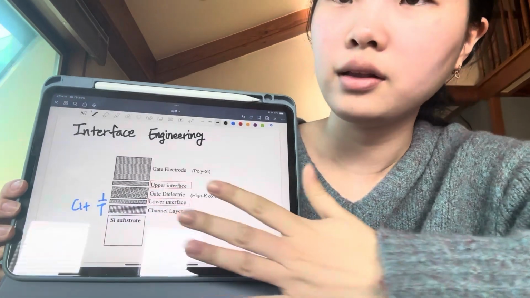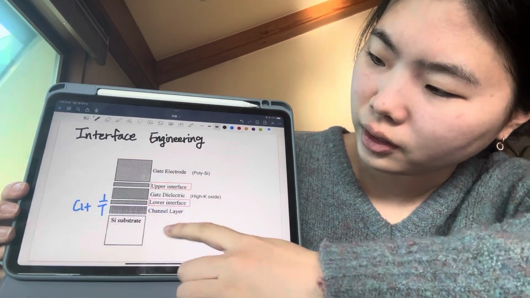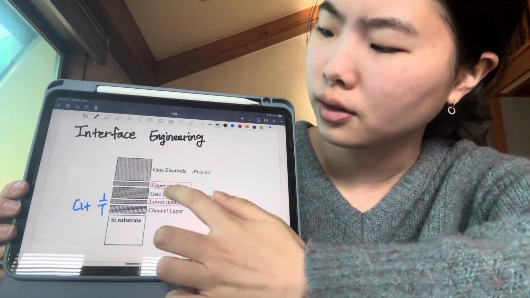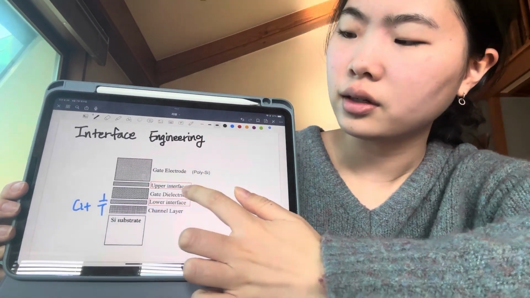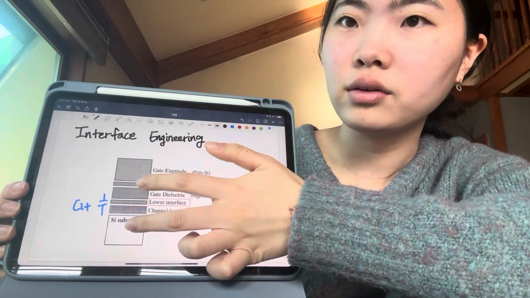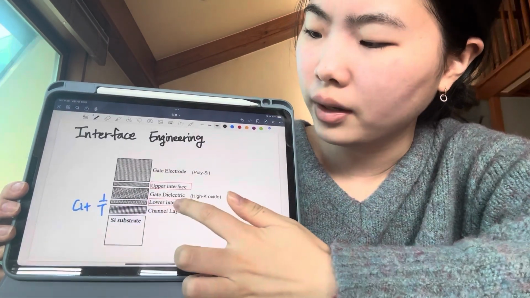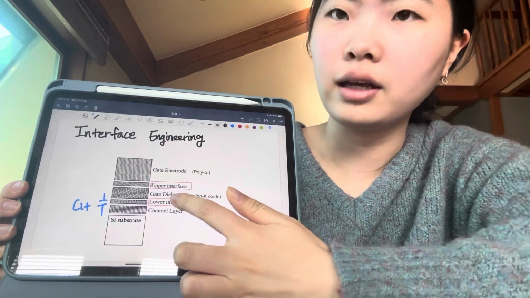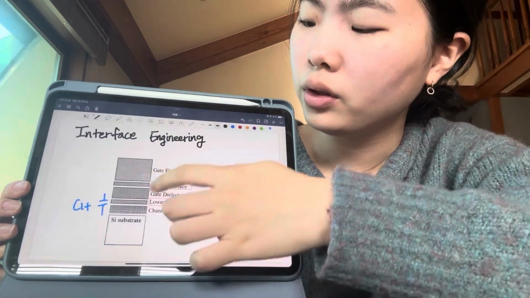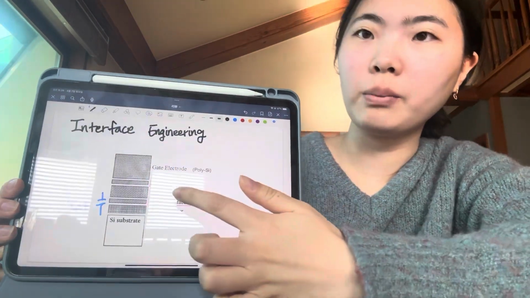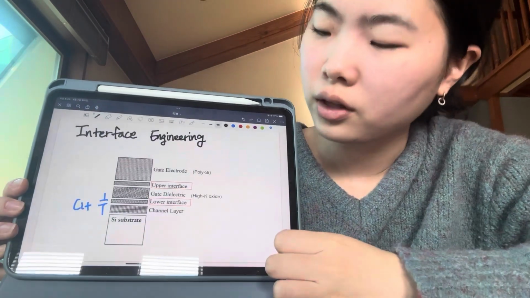In this case, we make a channel layer here, and then the gate dielectric layer between the two layers. We make a lower interface here, and between the gate dielectric and the gate electrode, we make an upper interface.